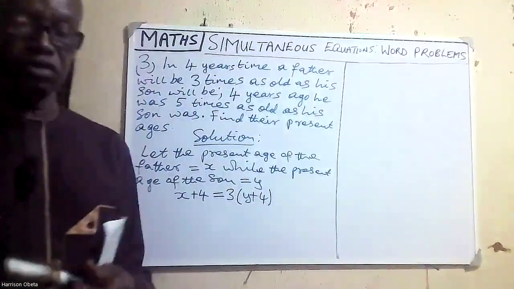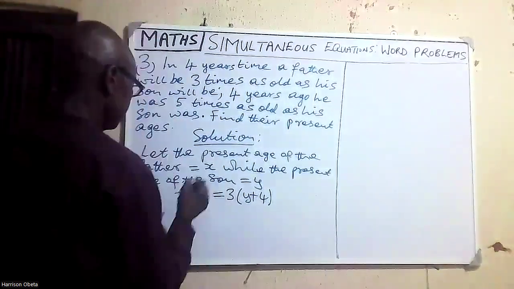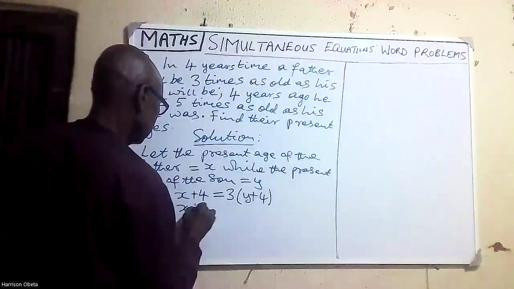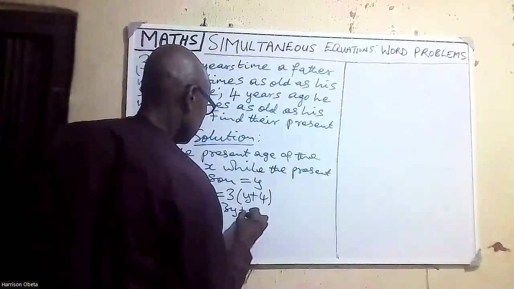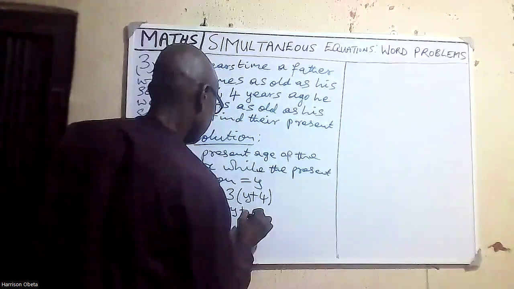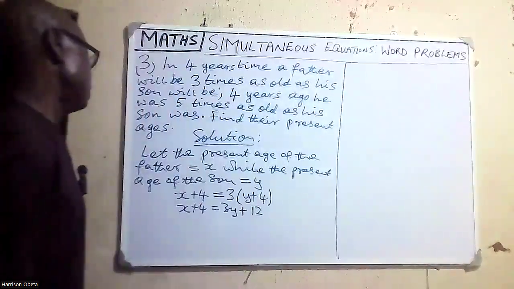Because you have to add 4 to both of them. And we open the bracket, you have x plus 4 equal to 3y plus 12. 3 times y and 3 times 4.